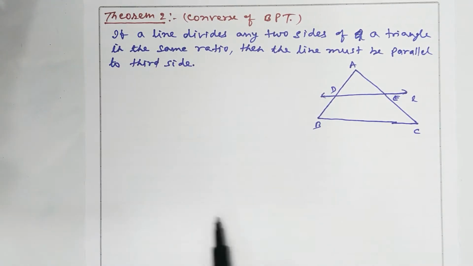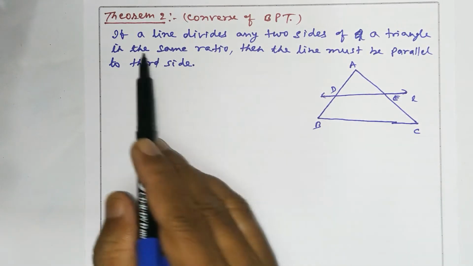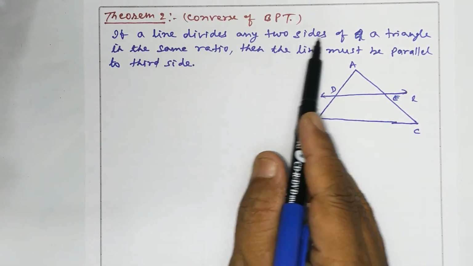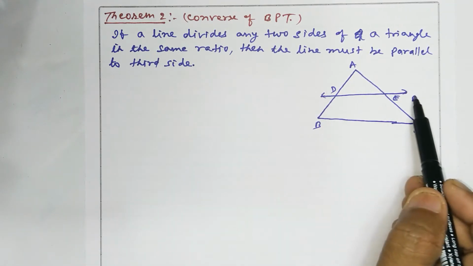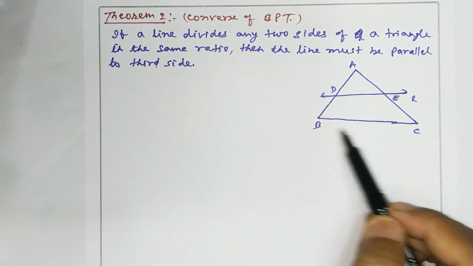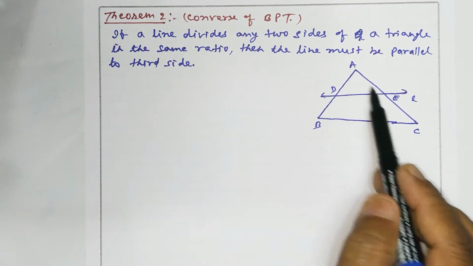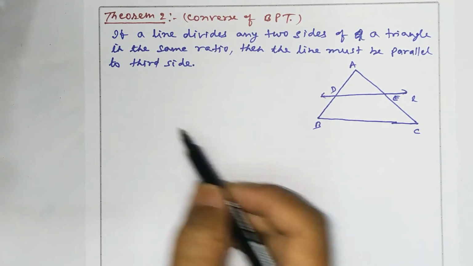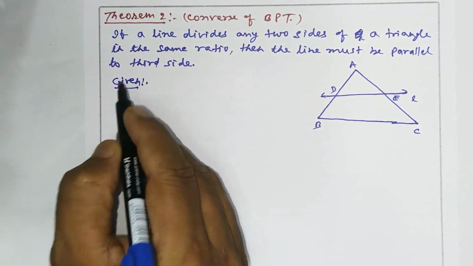So here it is given in triangle ABC, a line divides any two sides of a triangle in the same ratio. Let the line L divide the sides AB and AC of this triangle ABC in the same ratio, that is AD by DB equal to AE by EC. This is the first step, given. So what do we write in given?